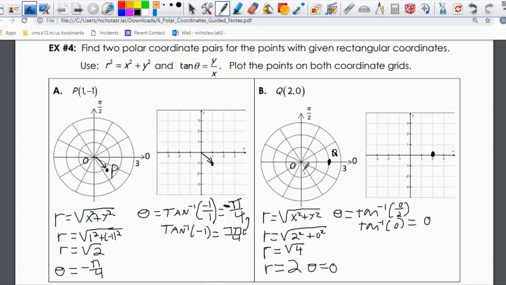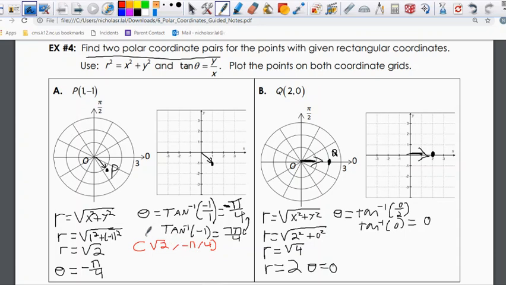Now, from this point, we have the following conditions. So if we need to find two polar coordinate pairs, let's find our pairs. So one is going to be obviously right here, root 2 and negative pi over 4.